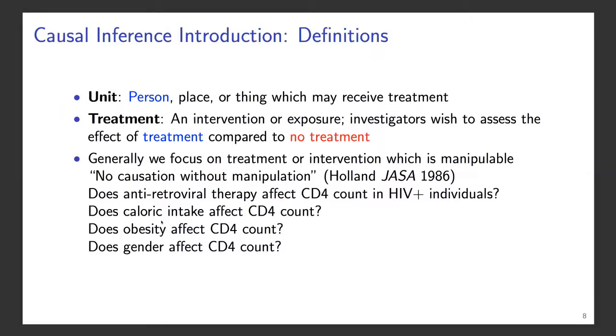And then as you move further along, we might ask, does obesity affect CD4 count? Now we get into a space where it's a little harder to define how you might manipulate that. How would you set somebody to be obese? How would you set someone to not be obese? Or does gender affect CD4 count? Again, hard to think about manipulating someone's gender.